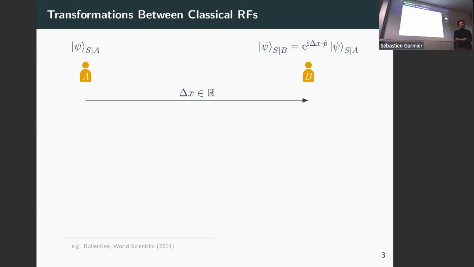But of course, in reality, she is actually using her reference frame, which we call A, to measure that position. So if we're looking at Alice from the outside, we will see that she's actually measuring the relative distance between S and A.